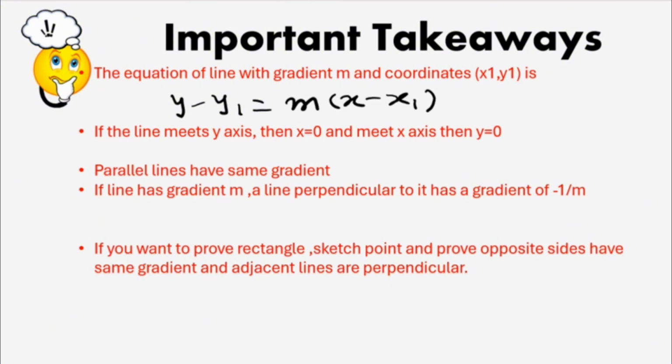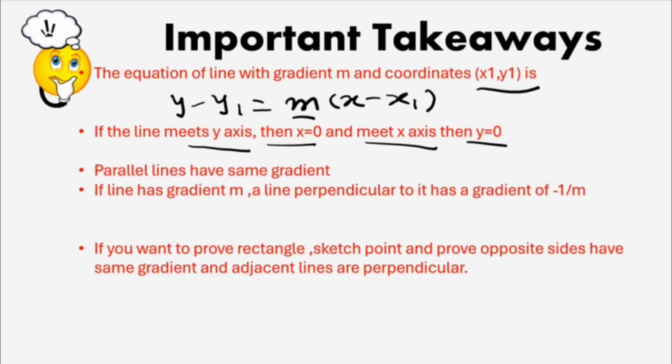So if you have a gradient and one coordinate x1, y1, you can find the equation of the line. If the line meets the y-axis, then in your equation you have to substitute x is equal to 0. That will give you the coordinate. And if the line meets the x-axis, then substitute y is equal to 0. That way you can find the coordinates, and you can use those coordinates to find the equation of the line.